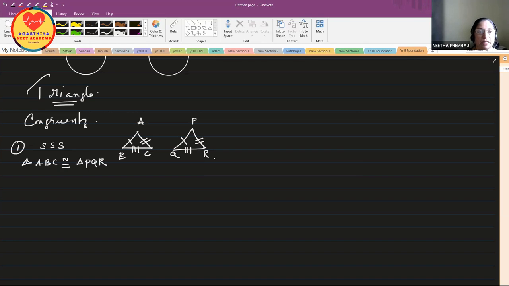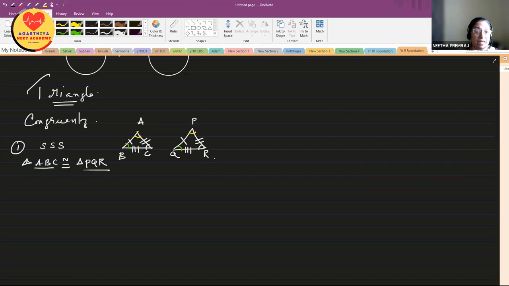One thing you should make a note of. Angle A is matching with angle P, angle B is matching with angle Q, and angle C is matching with angle R. So that way you're supposed to write. That order is very, very important. You can write triangle ABC, triangle BCA, any way you can represent.